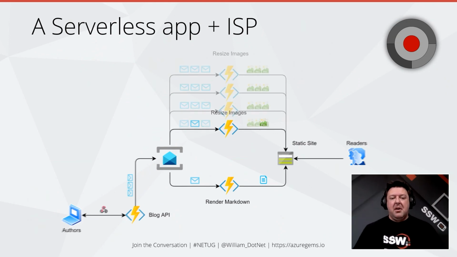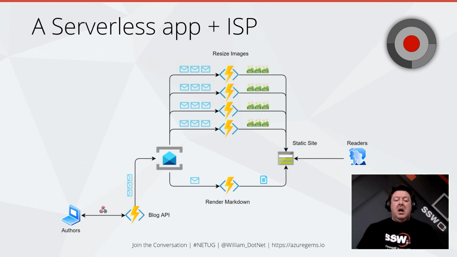So if we look again at our resize images application, because resizing images is a lot more work than rendering Markdown, for instance. This application is decoupled from the Markdown application. If it gets a lot of load and a lot of messages coming from Service Bus, then it can independently scale out from the other parts of our solution and work as hard as it can to get all the images resized and saved to the site.